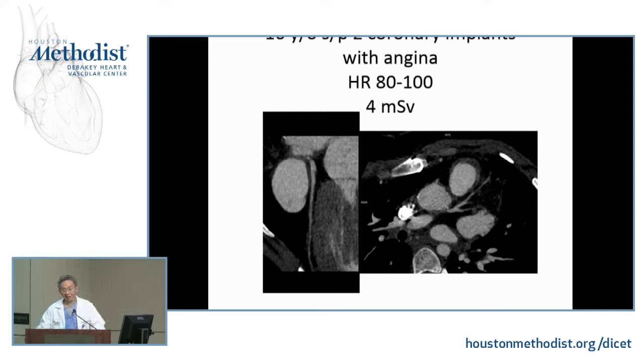So she had a study done at Texas Children's Hospital with a 320-slice scanner, supposedly, and the image quality was okay, but they did a retrospective gating without dose modulation, giving her 30 millisieverts of radiation, okay?